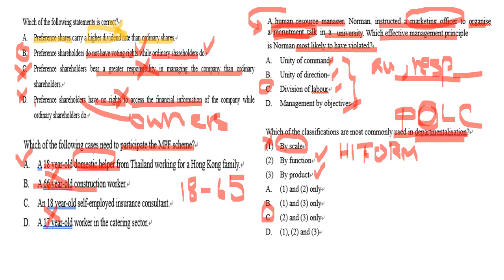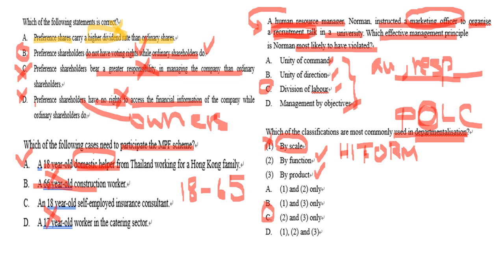Next one, which of the classifications are most commonly used in departmentalization? This is part of the topic in management function about organizing. When we organize the firm, we have to make use of departmentalization. That means we divide the firm into different departments.